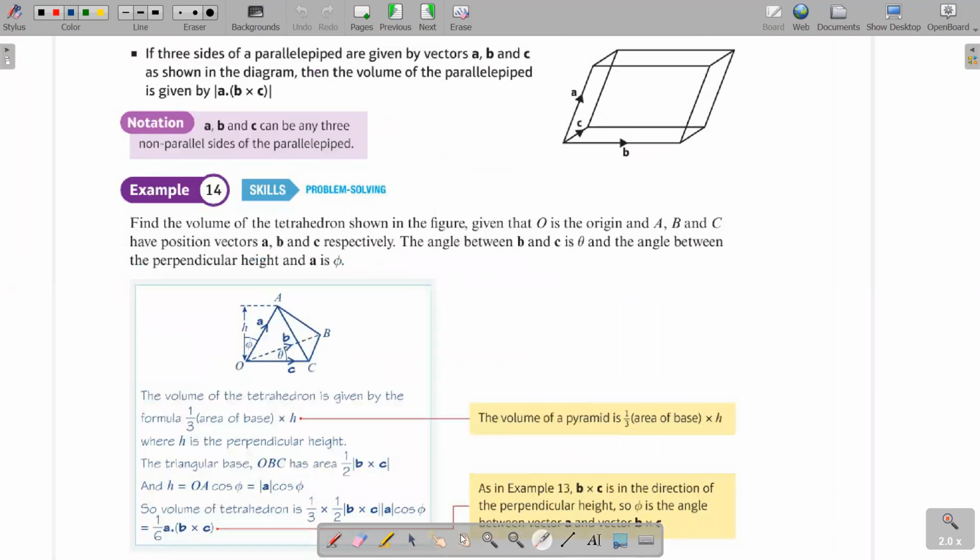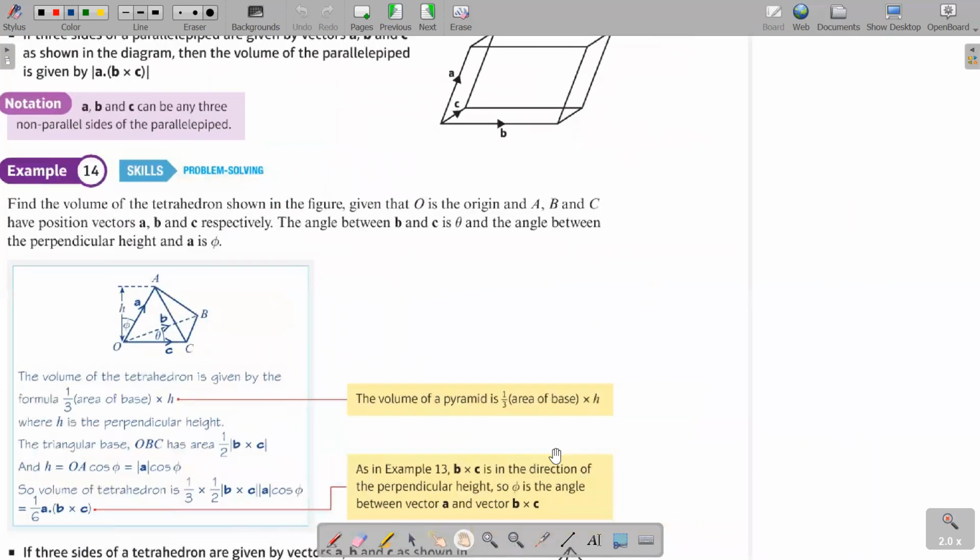How do we write the volume of a pyramid normally? The volume of a pyramid is one third base area times perpendicular height, not just any height, perpendicular height.